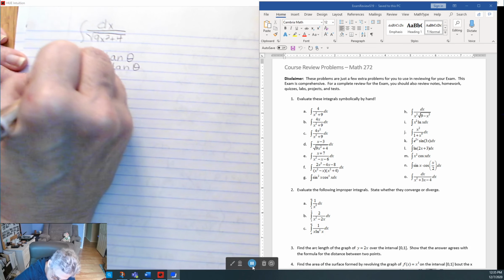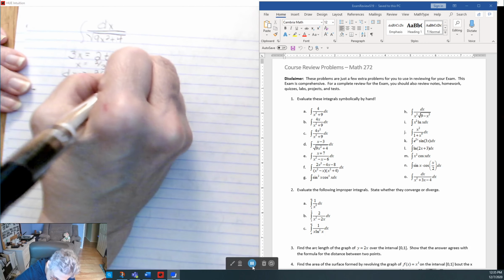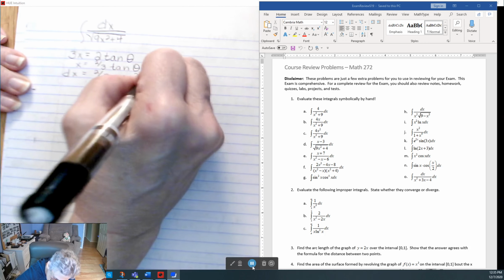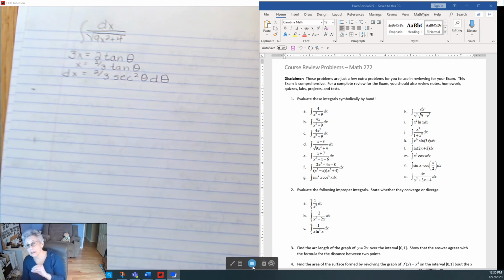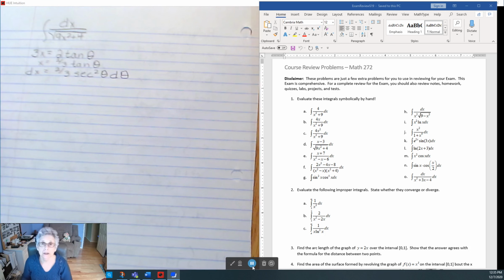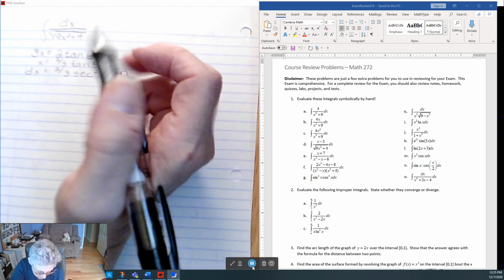So dx is equal to 2/3 times secant squared of theta d theta. I always go ahead and write it down because it helps me to not forget. Most common mistake in trigonometric substitution is forgetting to plug in your dx.